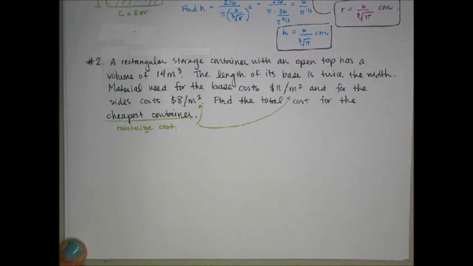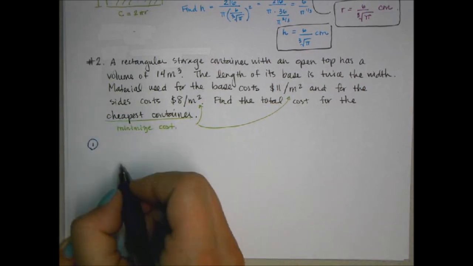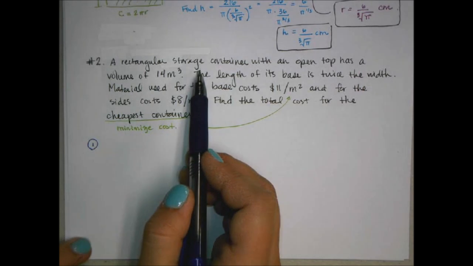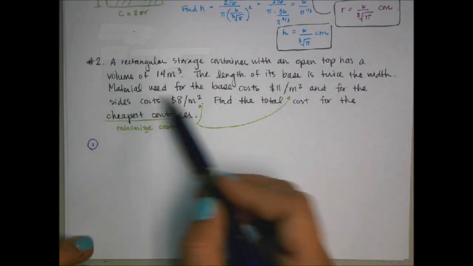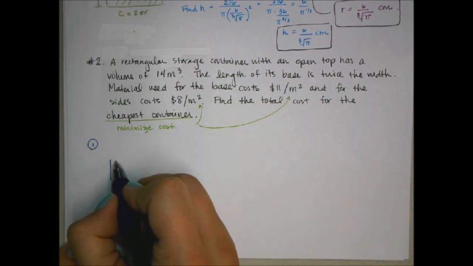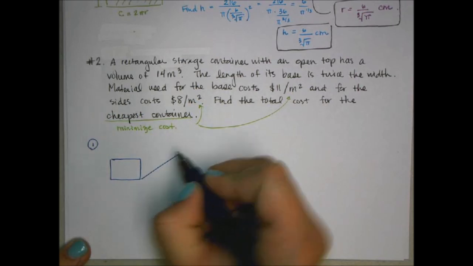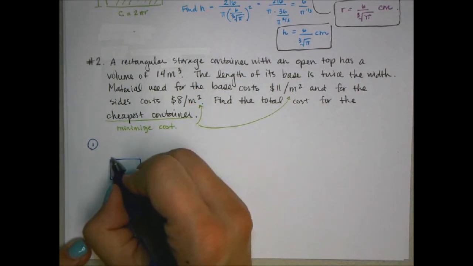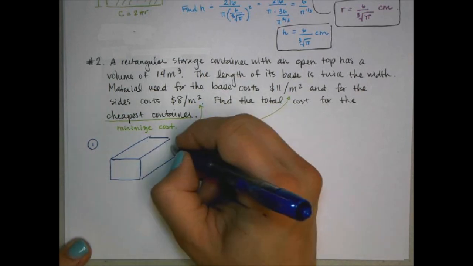So we'll start like normal and make our sketch. Okay, so a rectangular storage container, open top, so no lid. The length of the base is twice the width. That looks pretty good.